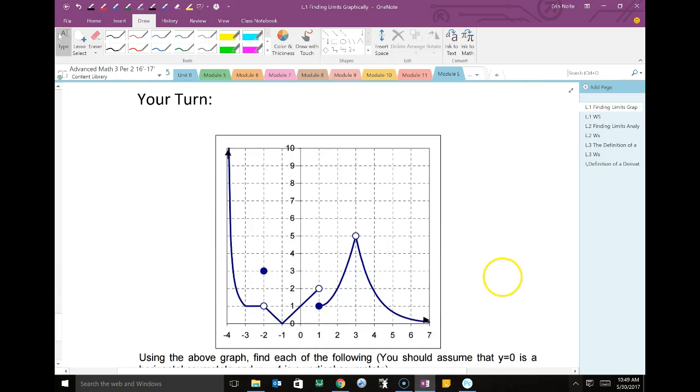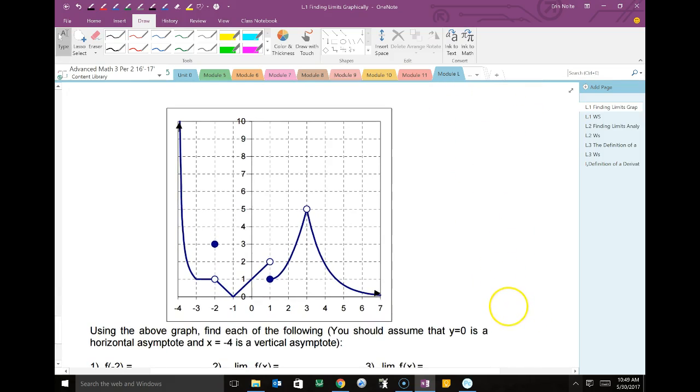Maybe we'll just do a couple more and make sure we've got this nailed down. So, new graph. What is the limit as x approaches 0? If you're looking at 0, this line is continuous. From the left it goes to 1, and from the right it goes to 1, so therefore the limit value is 1.